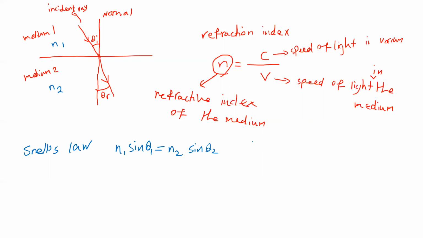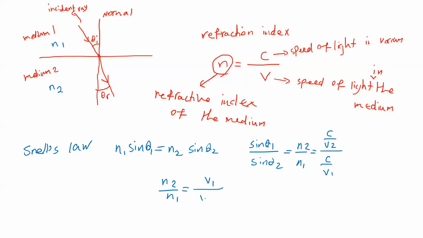We can write it this way: sine theta 1 to sine theta 2 is equal to n2 to n1. On the other hand, we know n2 is equal to c over v2 and n1 equals c over v1. So I can write n2 to n1 equals v1 to v2.